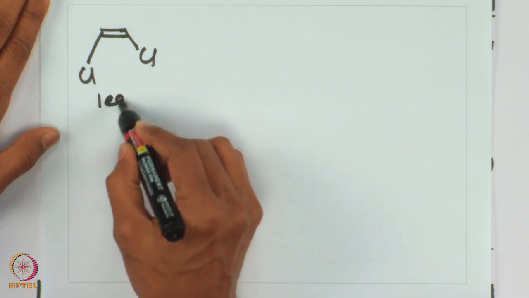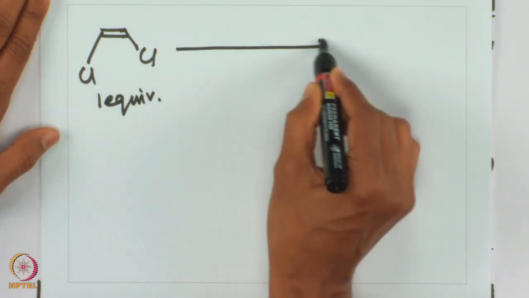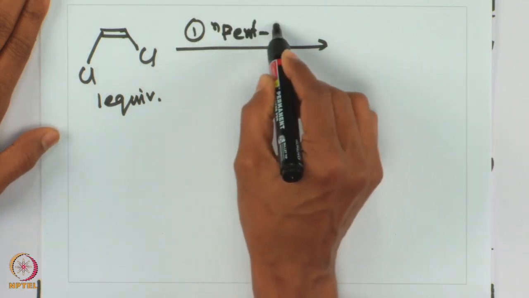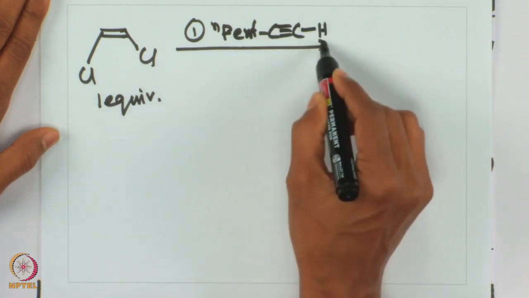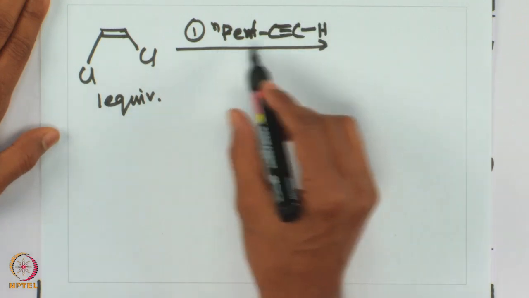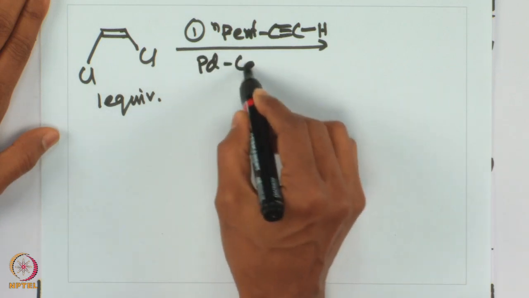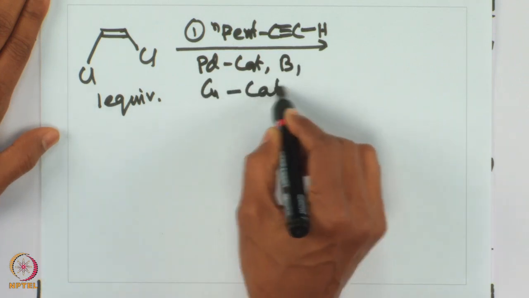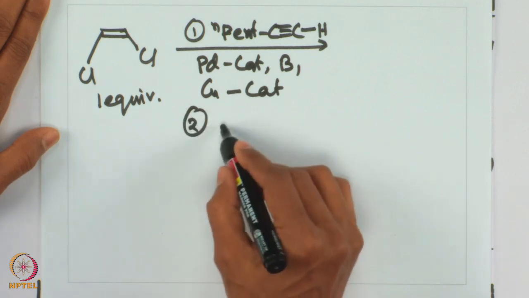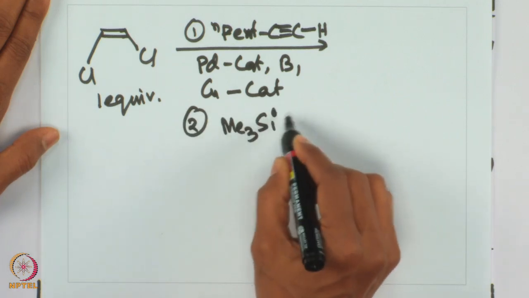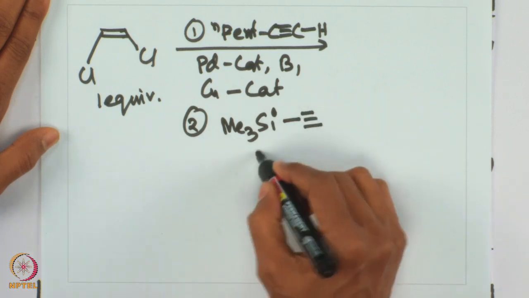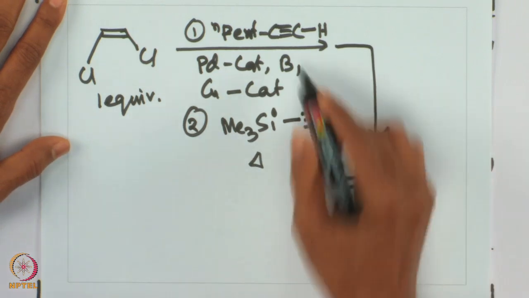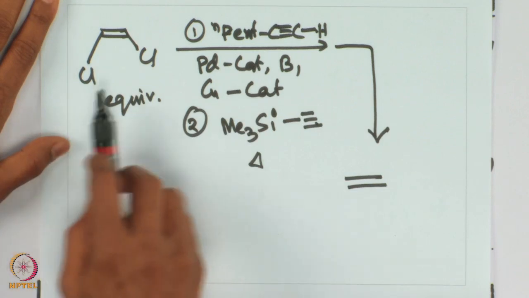Let us say you take one equivalent of this, and then one of the alkynes, let us say N-pentenyl alkyne, you take one equivalent, and you are using a palladium catalyst, a base, and also a copper catalyst. That is the first step. Second step, in the same pot you can take another alkyne, and then you of course heat overall.